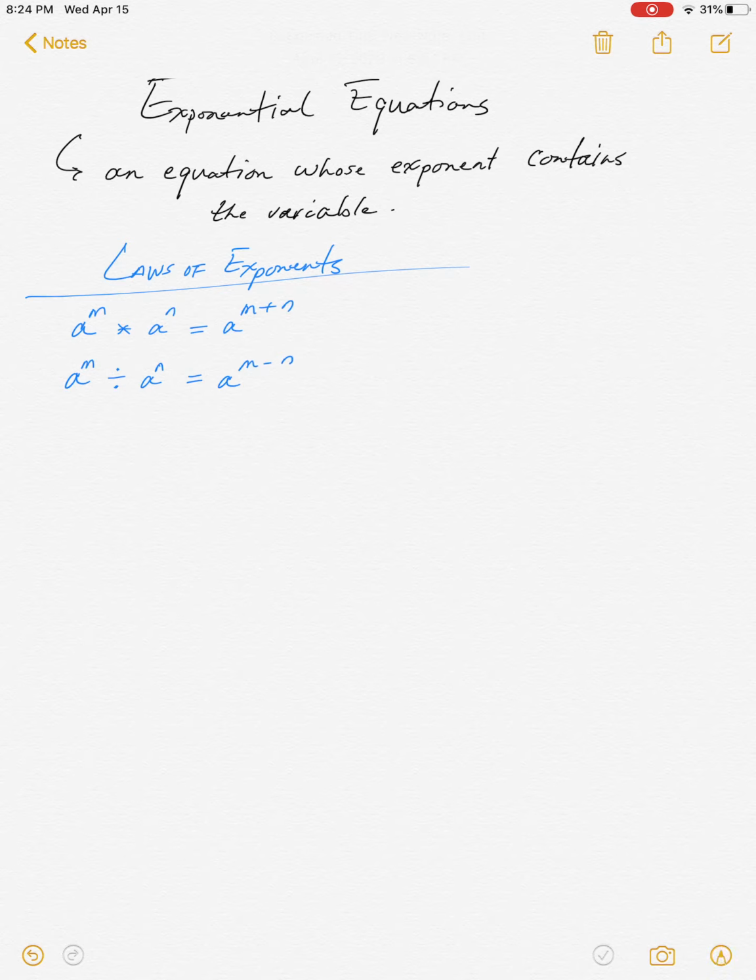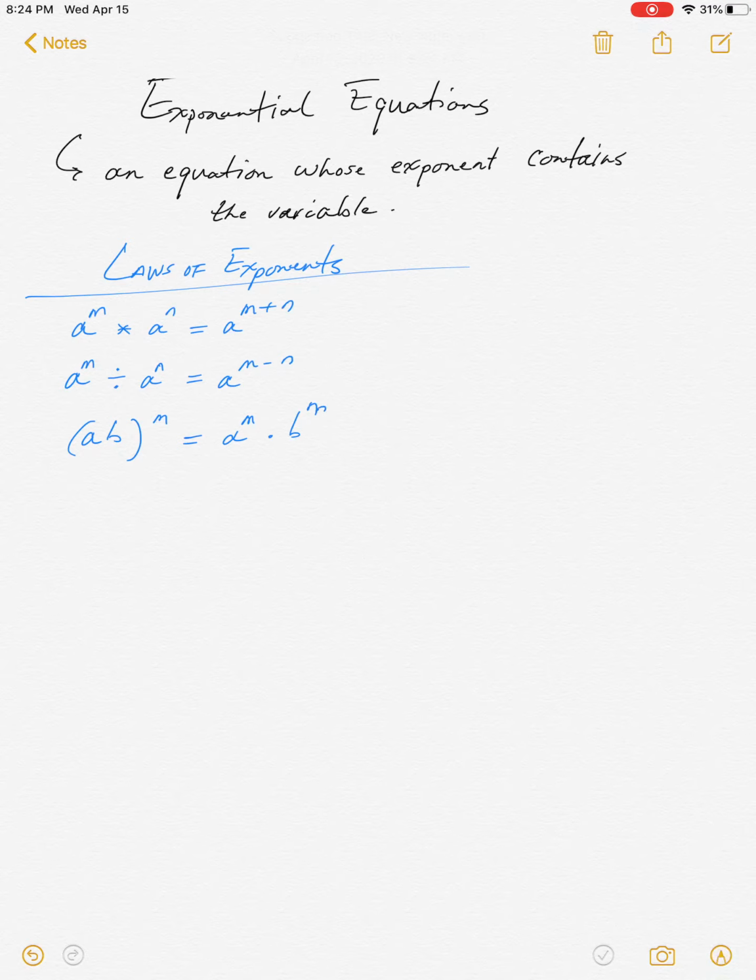Then if you have a product to a power, let's say you have two different bases raised to some exponent m, you distribute that exponent to both of the factors in the parentheses. Or if it's more than two factors, as long as it's products all throughout, you distribute that exponent all the way throughout.